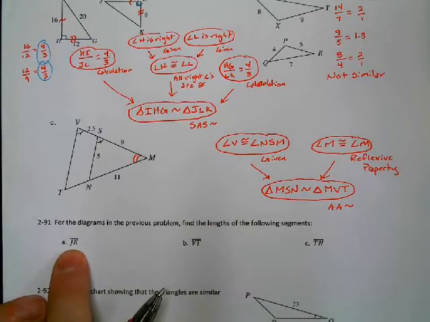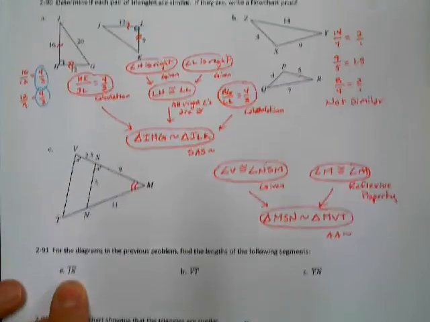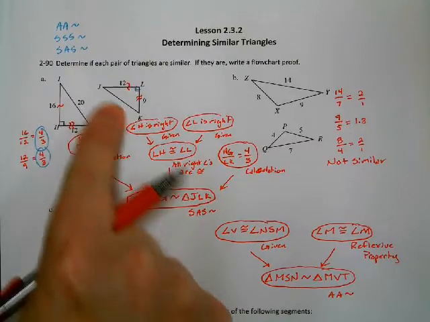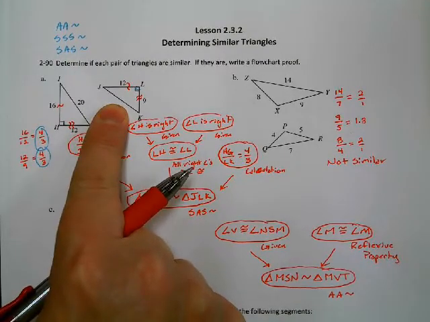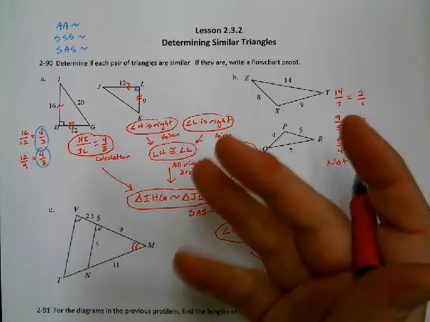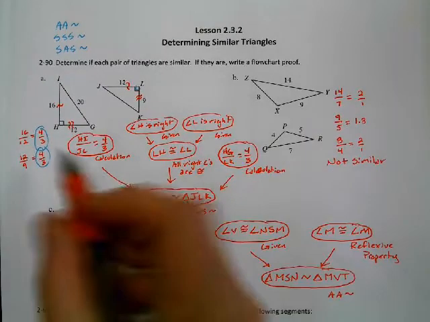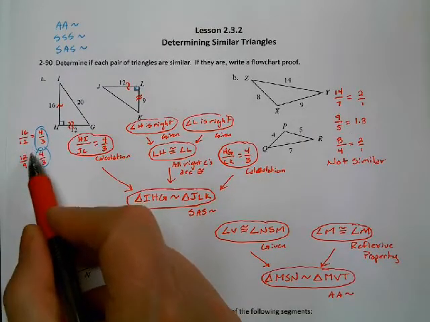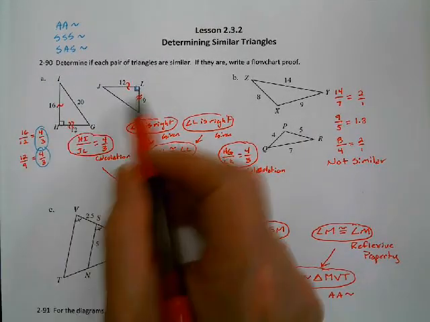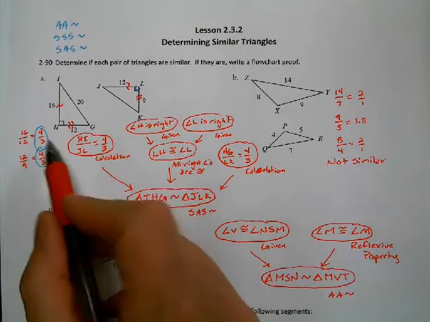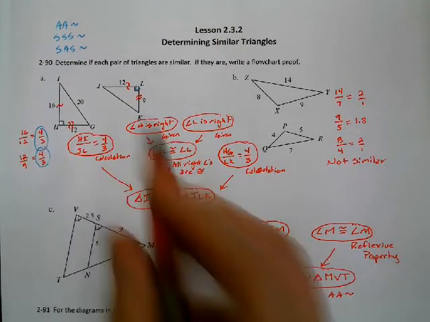JK. All right, JK, which one? Okay, this is this one over here. So find JK. Well, we already kind of have a scale factor here. We said when we compared the two triangles, comparing this one to the smaller one, they should reduce to 4 over 3. So I'm going to start off with that ratio of 4 over 3.